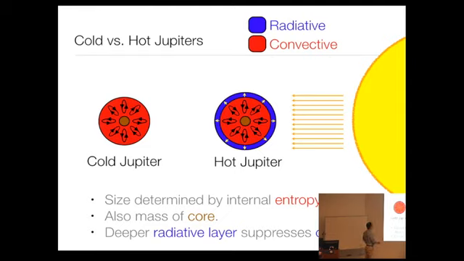One of the basic issues that's well known is that the effect of this radiative layer is sort of like a blanket that helps to prevent the hot Jupiter from cooling over time and helps to keep it large. So one of the key issues is how can you make this radiative zone thicker, or how can you keep it thick over time?